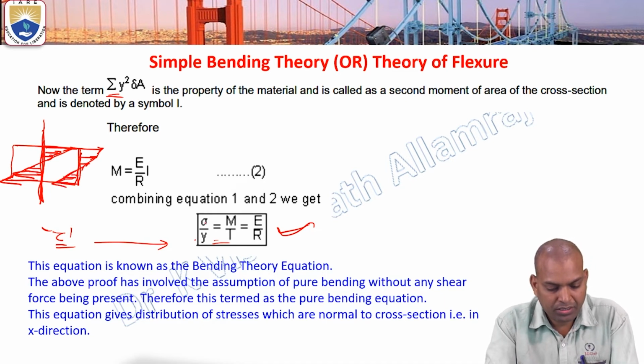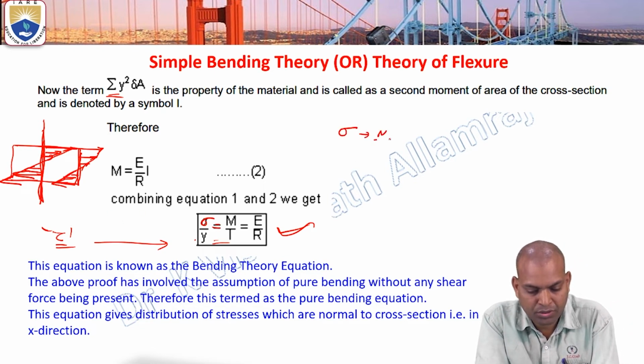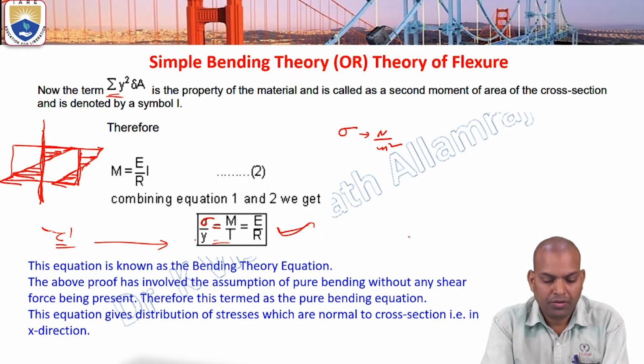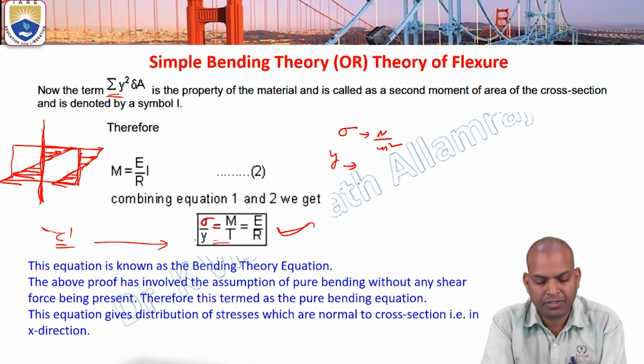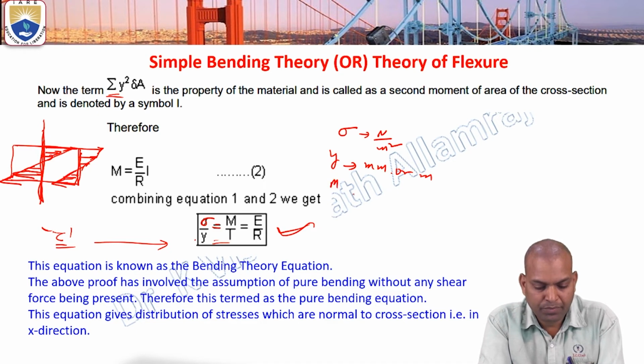In this equation, the unit for sigma, the normal stress, is Newton per meter square. Y is the distance from the neutral axis to the referential area, in millimeters or meters. M is the moment, in Newton meter.